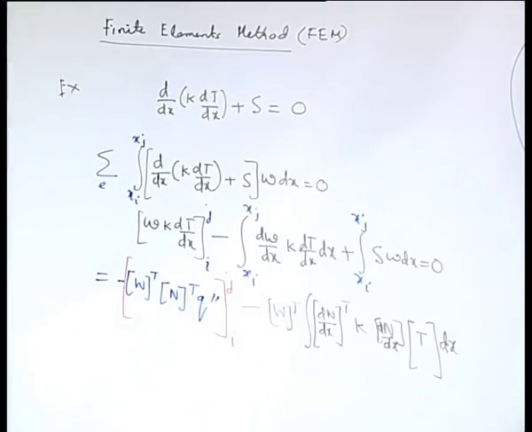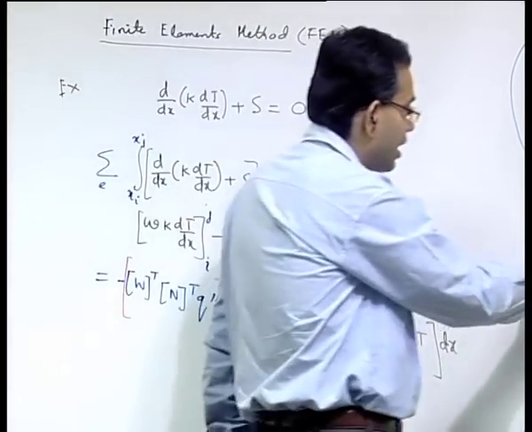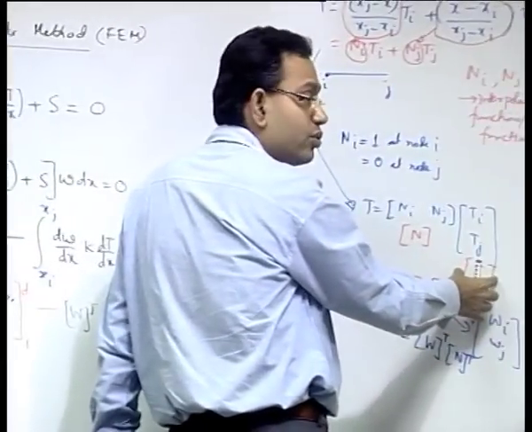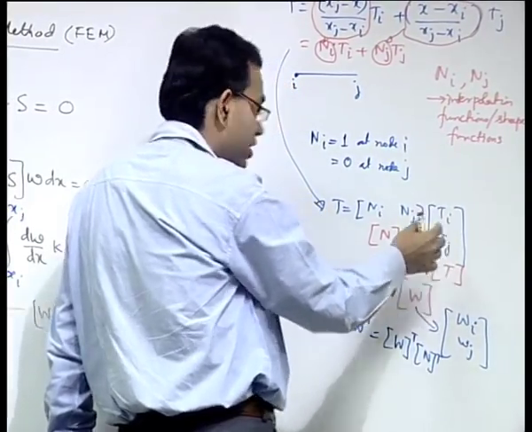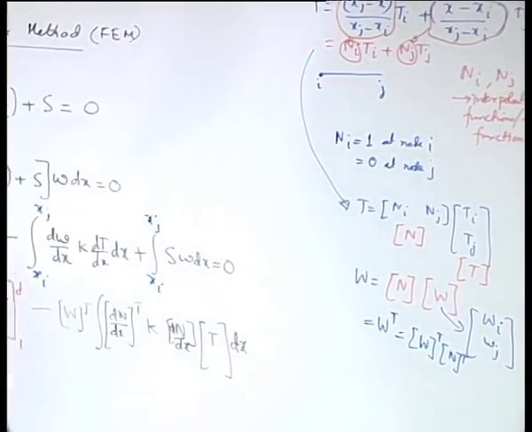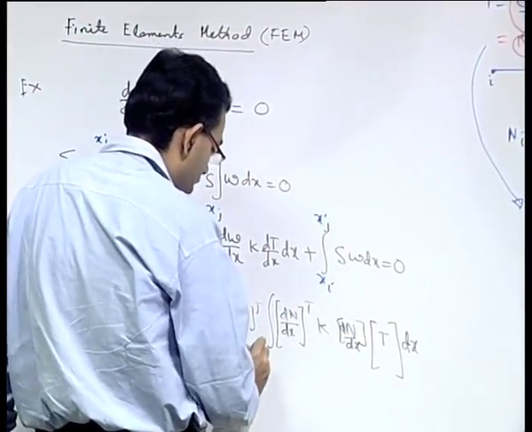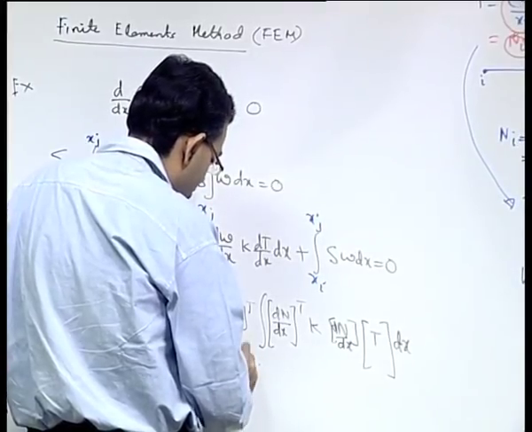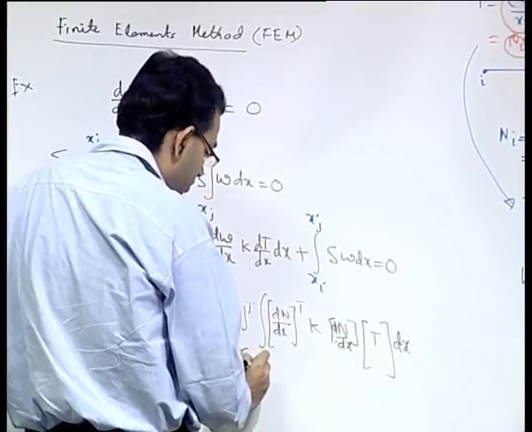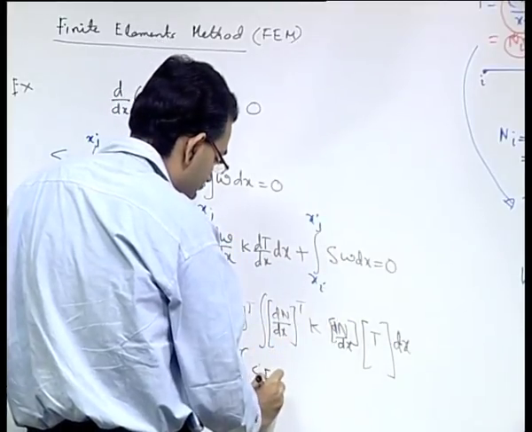So, we have substituted dT dx as dN dx into T. Remember this T does not contain x, these are just the nodal values, plus integral of now W transpose, then integral of S, in place of W it is W transpose N transpose.